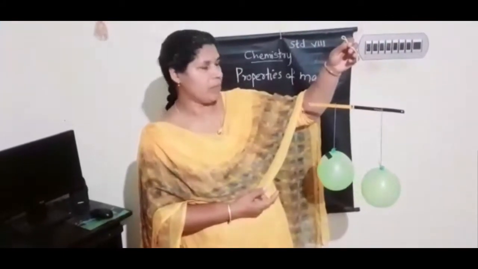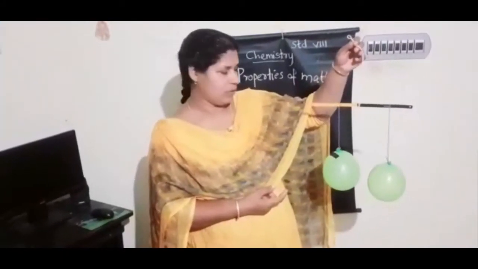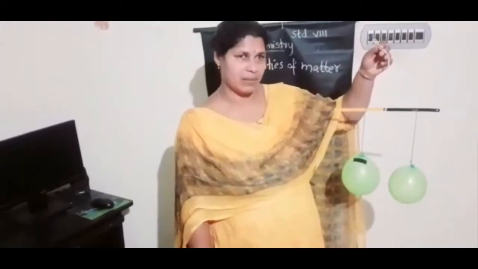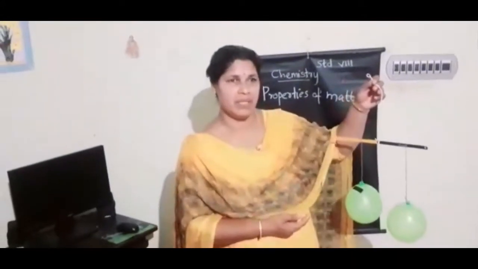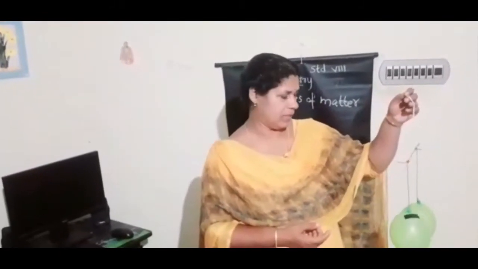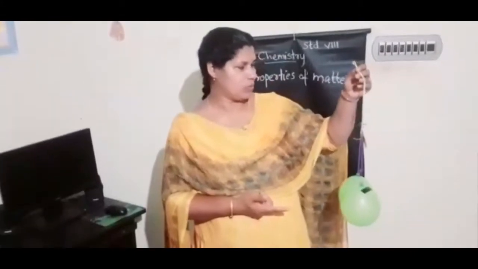Can you say why these two are balanced? Yeah, the air inside them is the same. Both the balloons are filled with the same amount of air. That is why the two balloons are balanced.